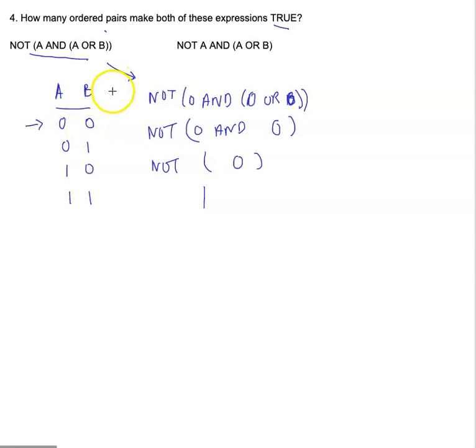So this expression does indeed work out to be true with this pair. So I'm just going to number this my expression number 1, make a column here for number 1, and put this 1 in here.